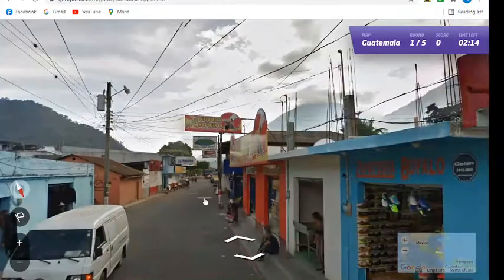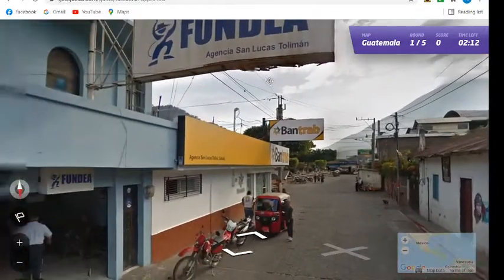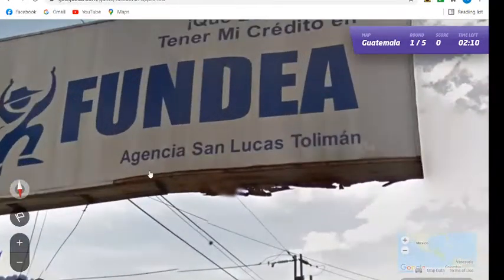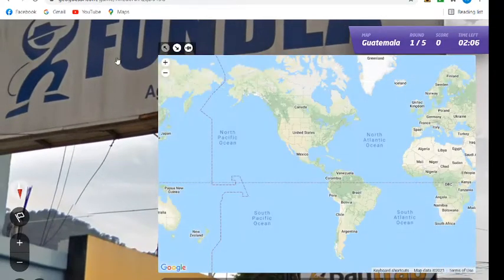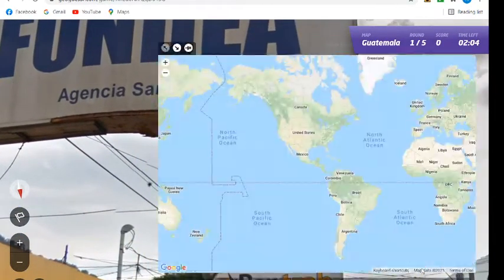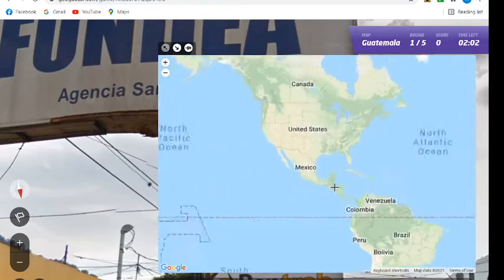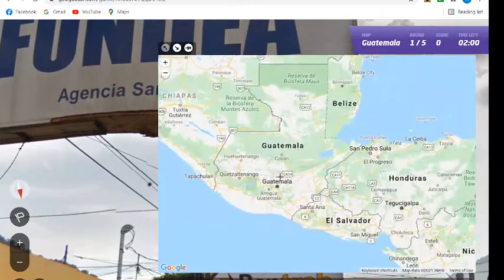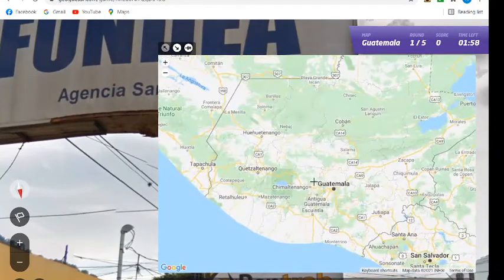Looks like we're in a smaller town, right? Agencia San Luis Toliman. So that's probably, wait, San Lucas Toliman. So that's probably where we are, right?